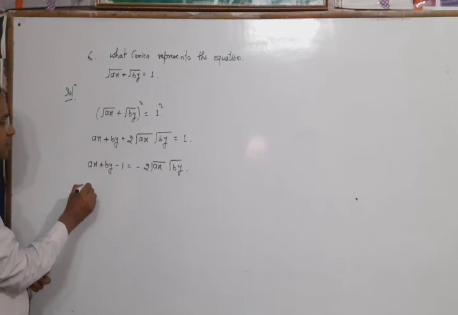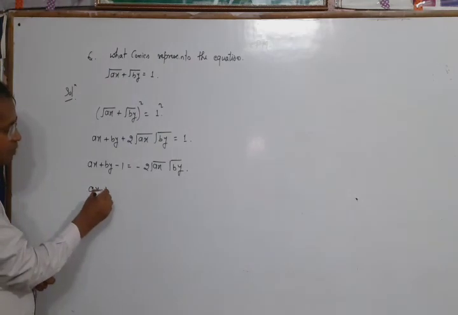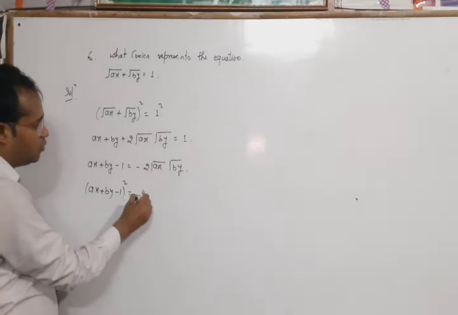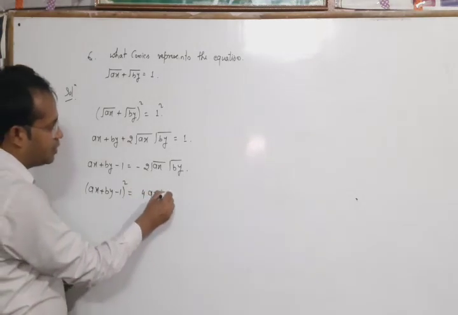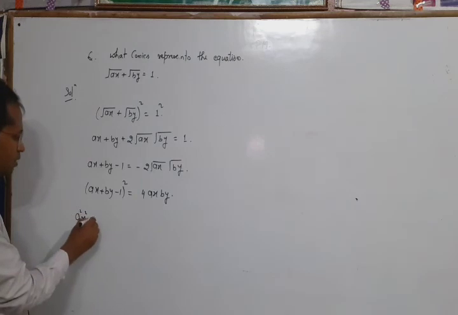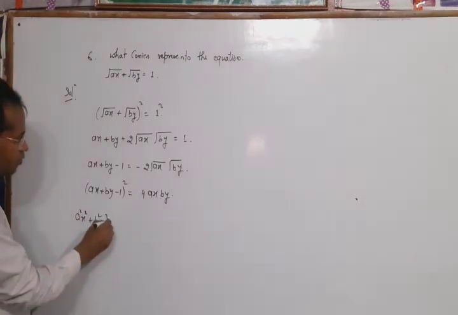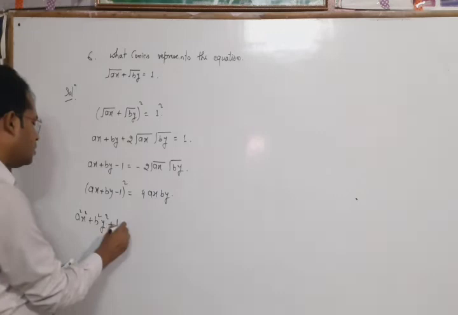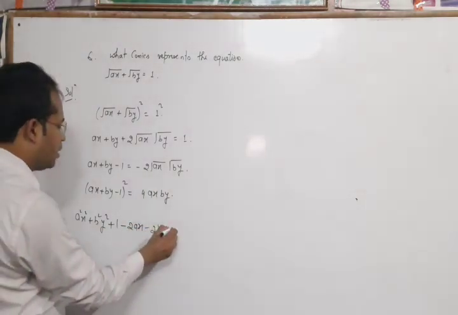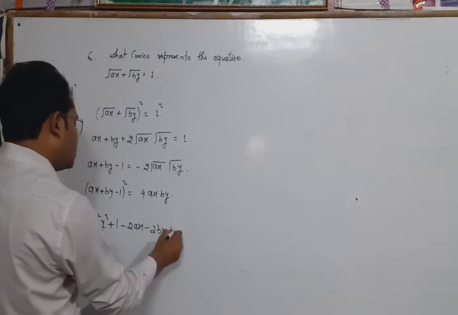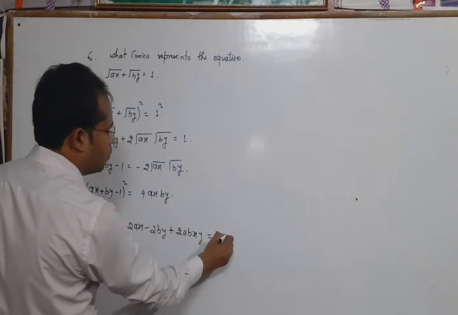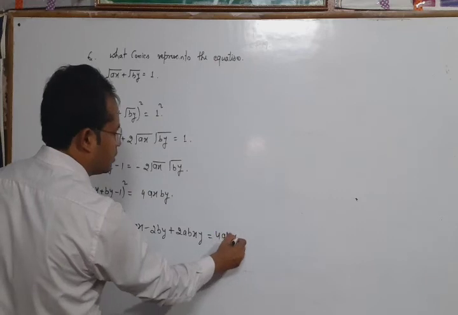Squaring on both sides, (ax plus by minus 1) square is equal to 4 ax by. A square x square plus b square y square plus 1 minus 2ax minus 2by plus 2ab xy is equal to 4xy.